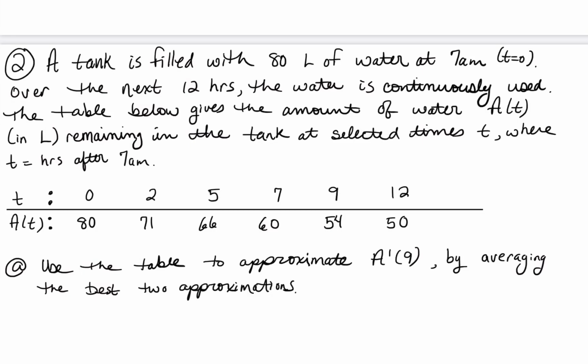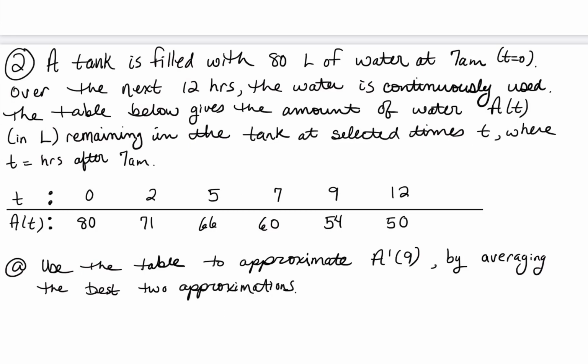So part A, you have your table of values there. Part A says use the table to approximate A prime of 9 by averaging the best two approximations. Remember, A prime is our notation for the derivative, right?